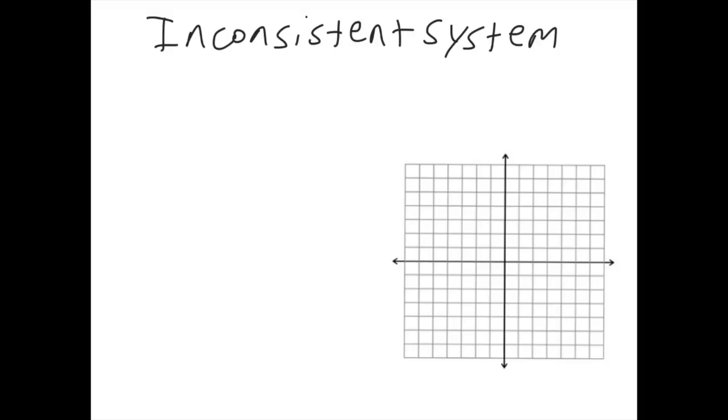In an inconsistent system, there is no solution. The reason for this is because the lines end up being parallel. They never intersect. And since the lines are parallel, that means that both equations have the same slope.